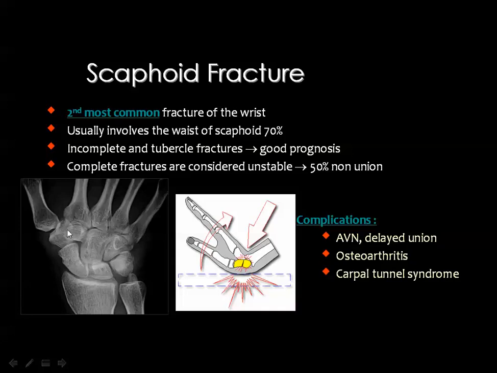The scaphoid fractures may show some complications like delayed union or the development of avascular necrosis, especially of its proximal pole, or may result in osteoarthritic changes due to non-healing, and may also be associated with carpal tunnel syndrome.